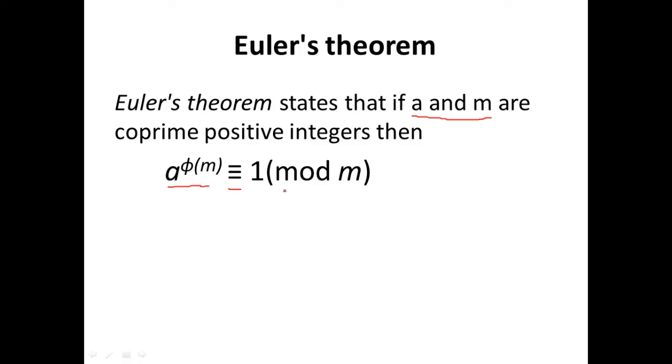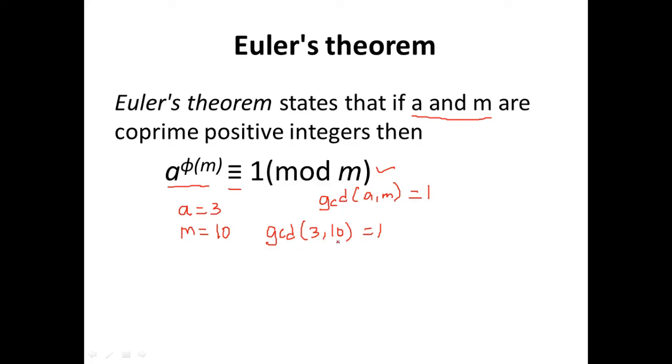The very important criteria here is that the GCD of a and m should be equal to 1. Only then can we say this holds. Let's consider a to be 3 and m to be 10. First we check whether GCD of 3, 10 is equal to 1.